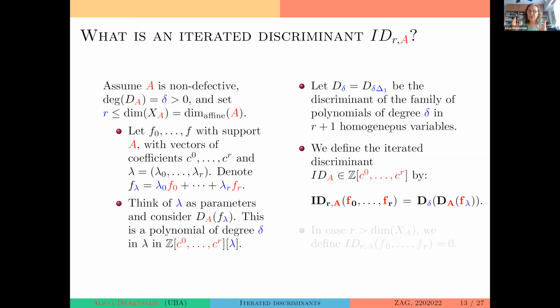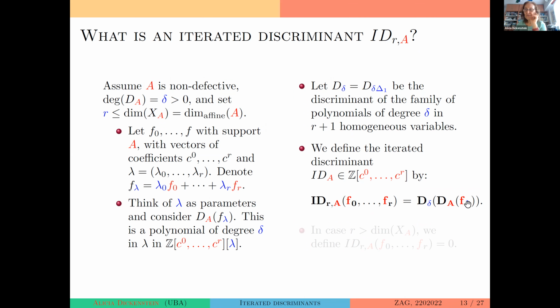So associated to polynomials of degree delta in R+1 homogeneous variables, there is an associated A-discriminant which coincides with a more classical homogeneous discriminant, and there is nice work by Bousset and Jean Leloup on this projective approach.